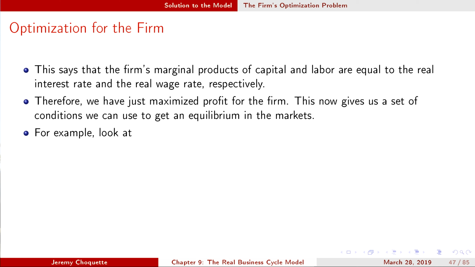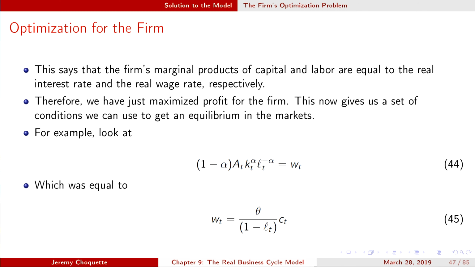Right, so for example, we could look at this right here. That's equal to the real wage rate. So if the marginal product of labor is equal to the real wage, but the real wage was also equal to the labor supply, the decision of how much labor the household wants to supply to the firm, which is really basically just the reserve wage rate.